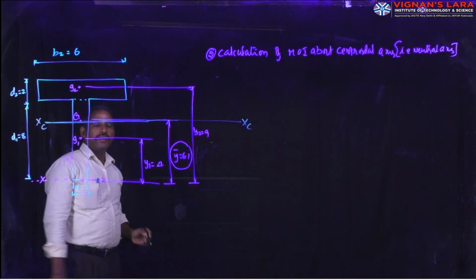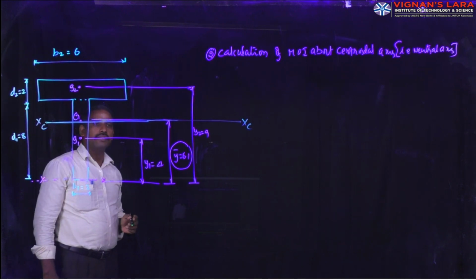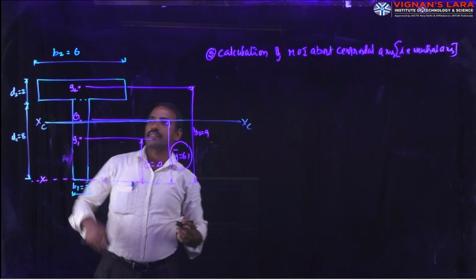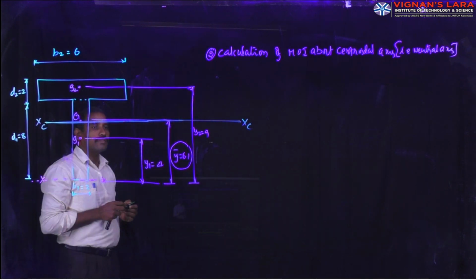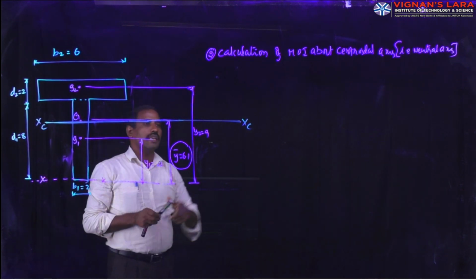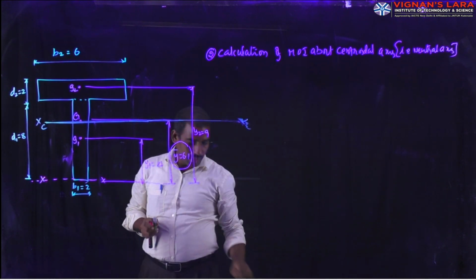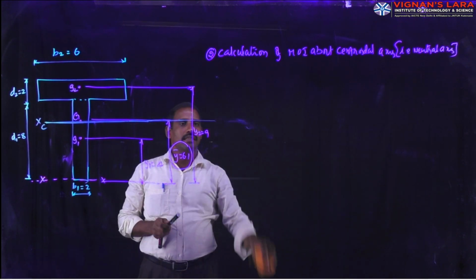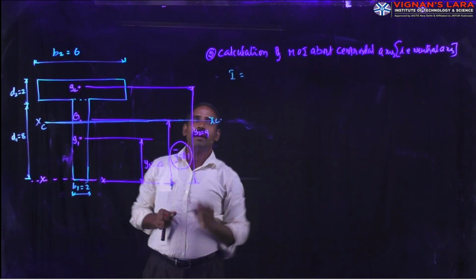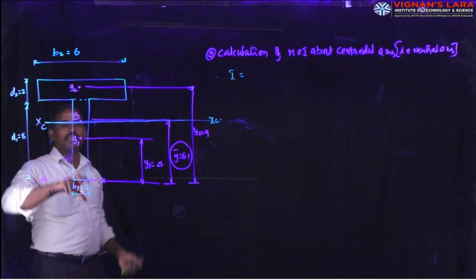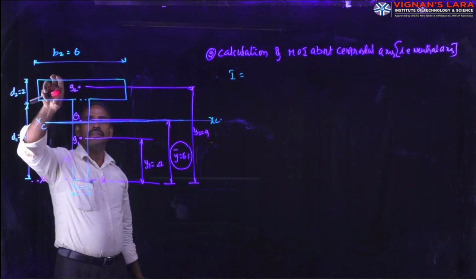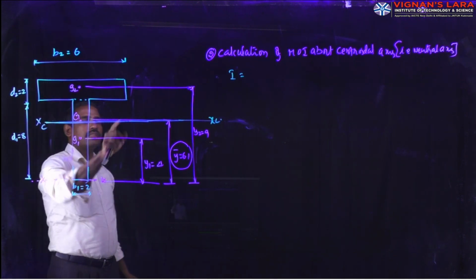So draw a horizontal straight line passing through capital G, which is considered as the central axis of the composite section, at 6.1 from the bottom only. About this axis, we have to calculate the moment of inertia. About the XC axis, we have to calculate the moment of inertia, represented by I. So the moment of inertia of the first rectangle about the XC axis, plus the moment of inertia of the second rectangle about this axis.